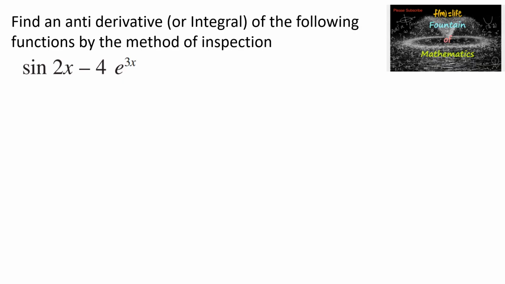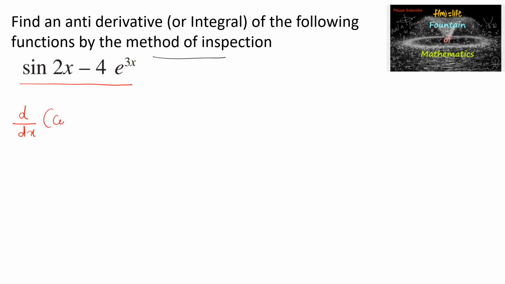Find an antiderivative or integral of the following function by the method of inspection. Here it's given: sin 2x minus 4 times e power 3x. Let us split it into two parts. Let's find by the method of inspection.